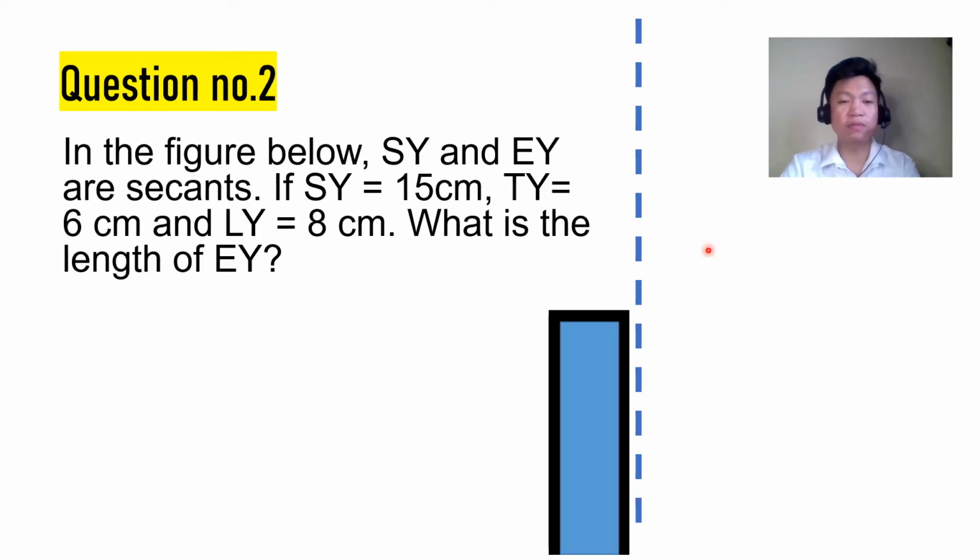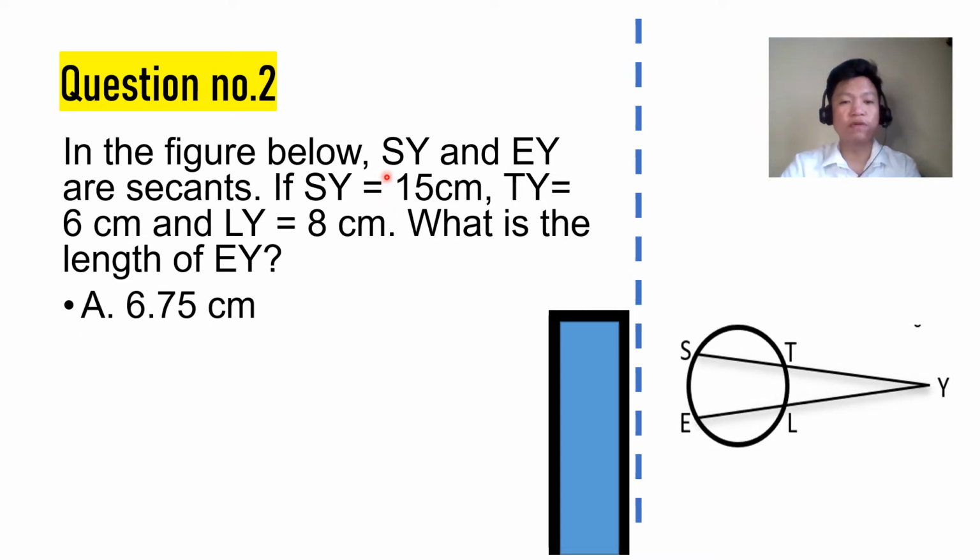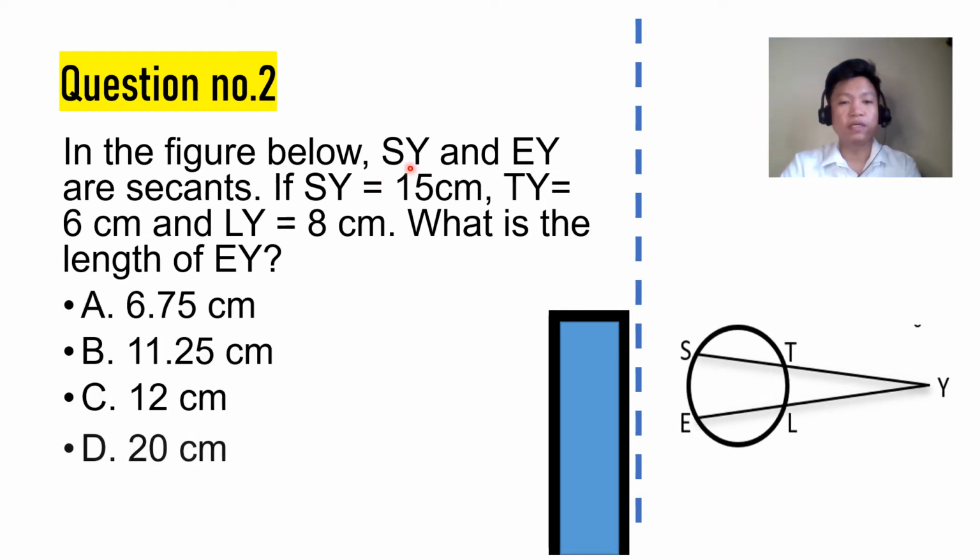Okay, next, question number 2. In the figure below, line segment SY and EY are secants, and if SY is 15 centimeters, yung TY is 6 centimeters, nahati siya, and then yung LY natin is 8 centimeters.